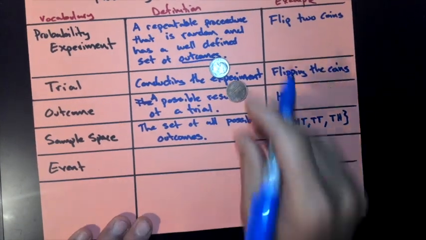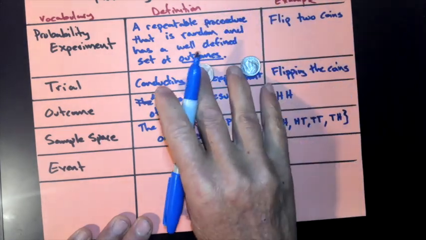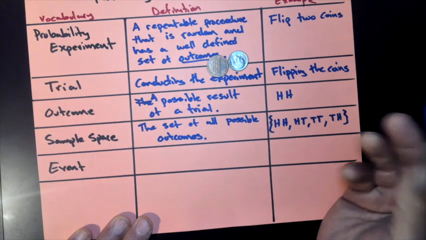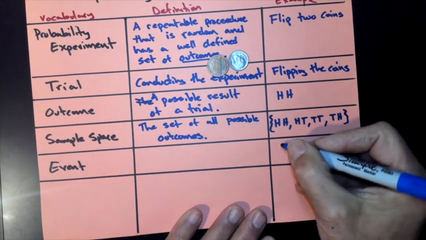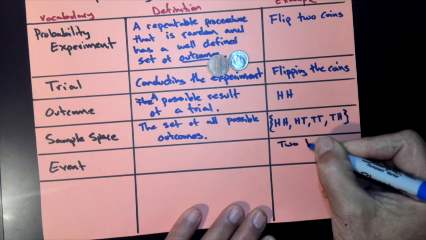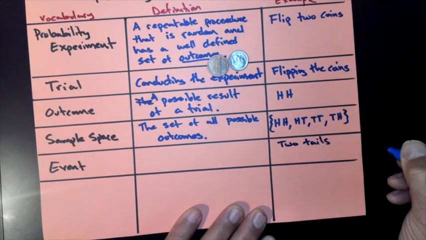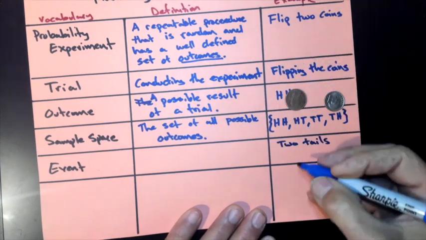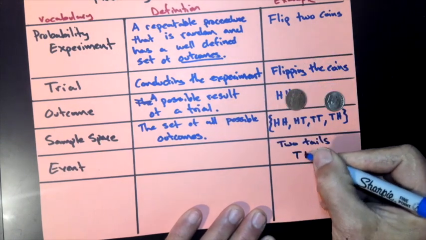Anyway, an event is basically what I'm trying to find the probability of. If I want to say, what's the probability of getting 2 tails? So let's say my event is 2 tails. There is only one way to get that. I could also say this is tails, tails, right?